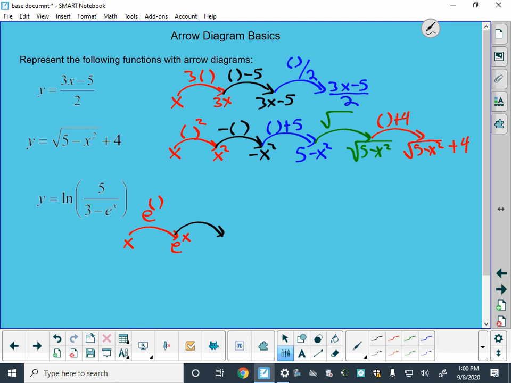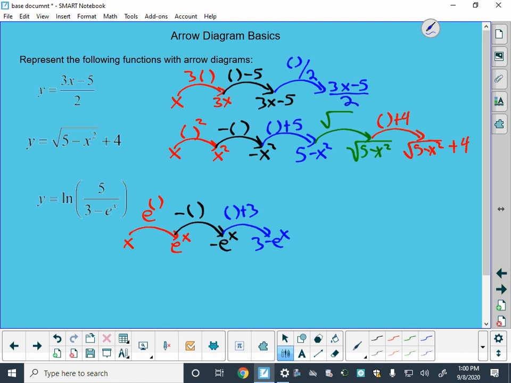So I'm going to do the same thing that I did before, and now I have a negative e to the x. And like we did before, I'm now going to add 3 onto that. And that's going to give me a 3 minus e to the x.